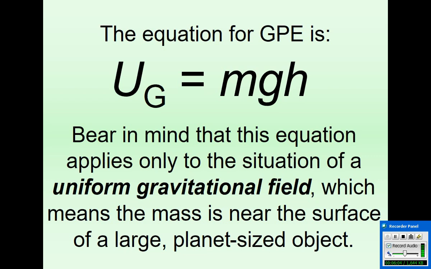It would not necessarily be true if you were, say, at the same distance from the Earth as the Moon is. There, the strength of the gravitational field has noticeably decreased from g equals 9.8, and this formula does not apply when you move that far from the surface of the Earth, or from the surface of any planet or moon.